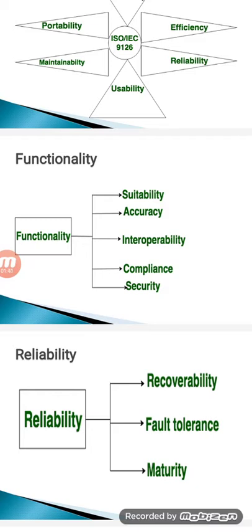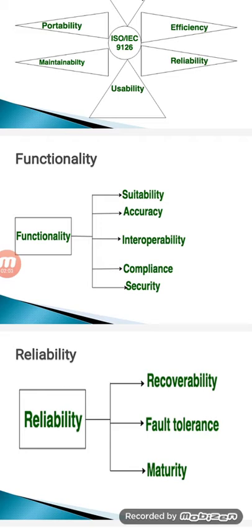Accuracy means we have to perform the operation exactly. Interoperability: whenever needed we can make some changes, similar to editability. Then compliance, if there is any compliance it can be registered, and the thing which we are using should be more secured.